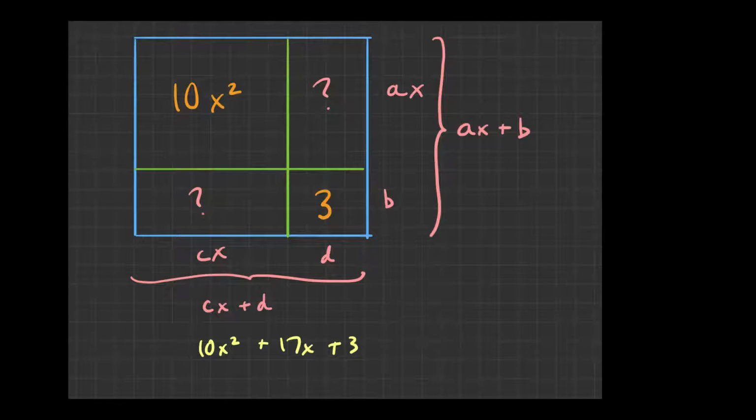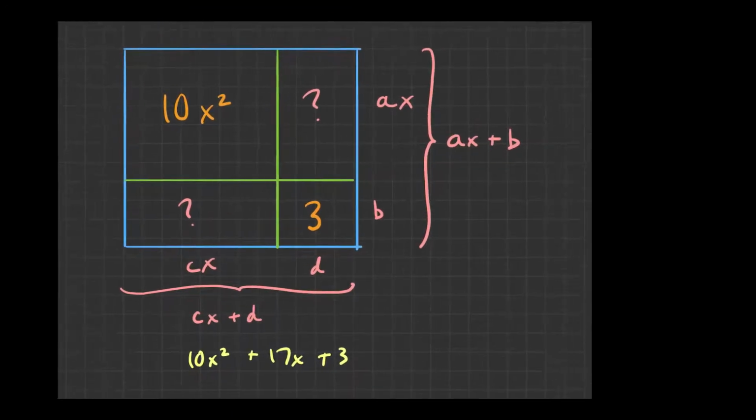Okay, so let's see if we can come up with a few interesting facts. So I know that, maybe I'll do some color coding. Let's do some color coding to make this a little bit easier to see. So I'm going to use, how about, I haven't used purple yet.